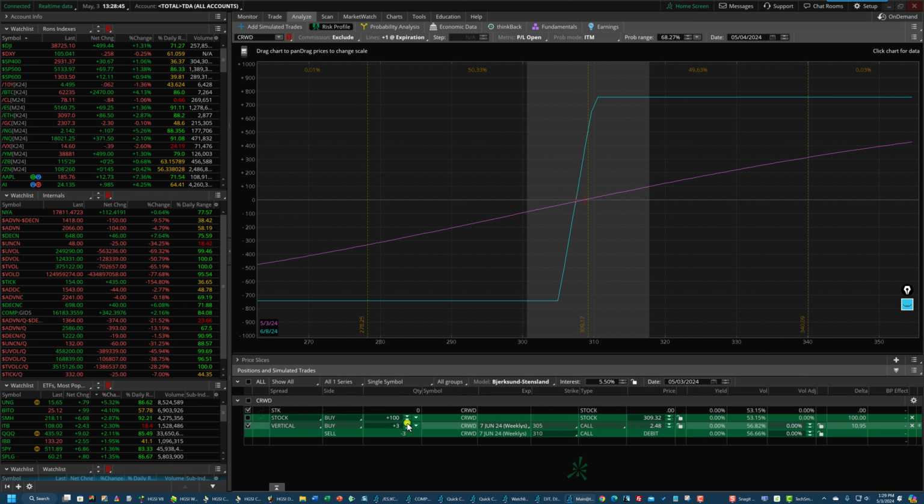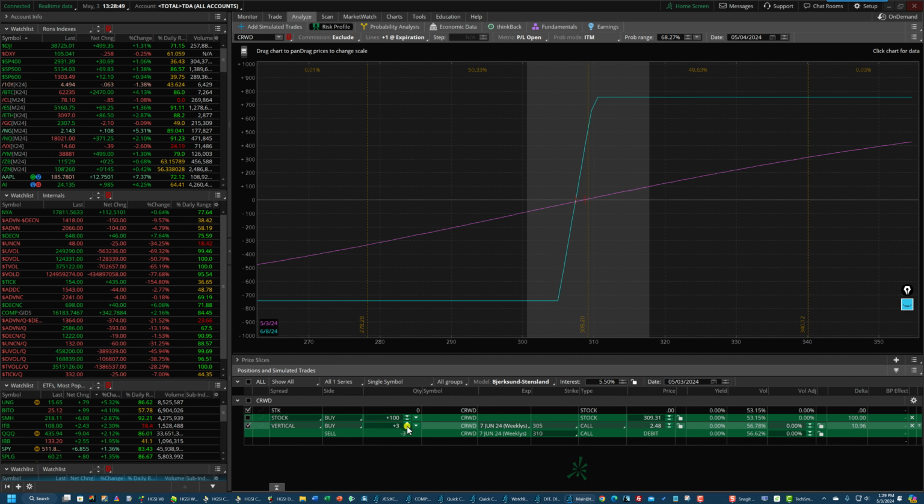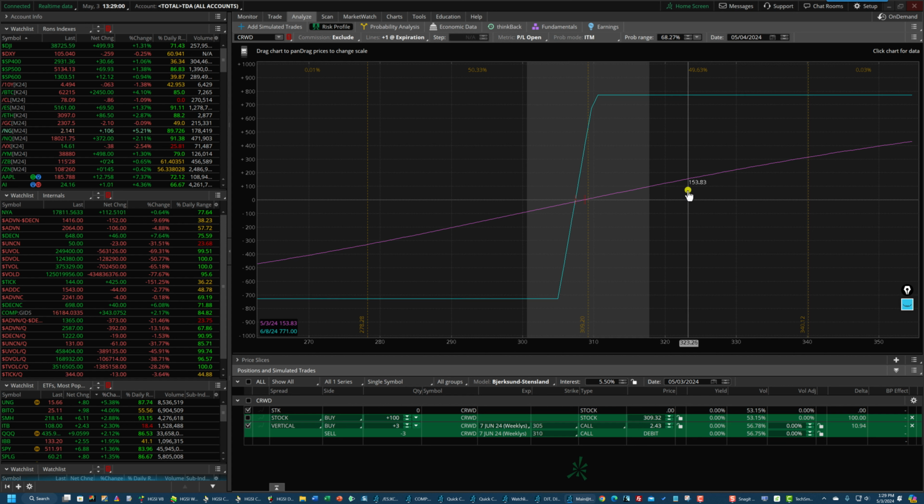But just by increasing the numbers here, let's say you want to risk $800 rather than just putting all that capital out. You can do that, and here is the amount you could make at expiration, $771, or lose $729 by trading 3 options.